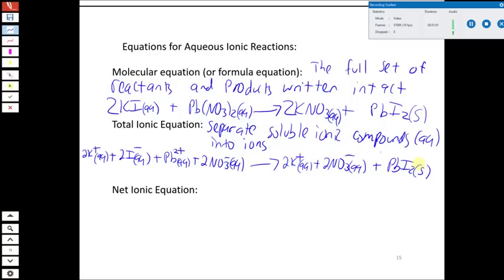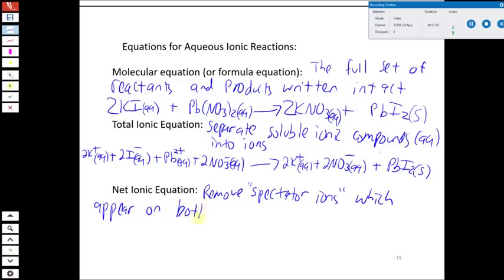And then for the net ionic equation, we just have to remove what are called spectator ions. So if you have ions that appear on both sides of the equation, in some sense they cancel out.